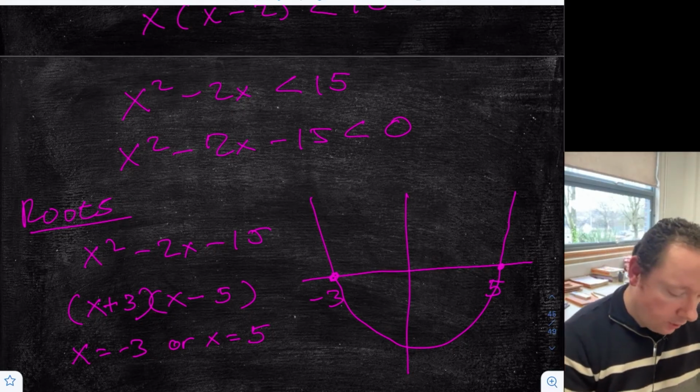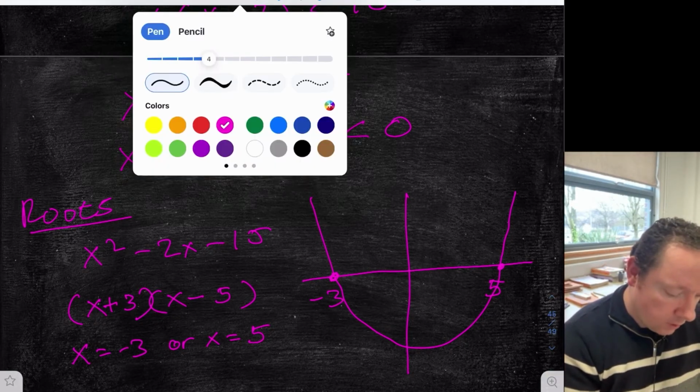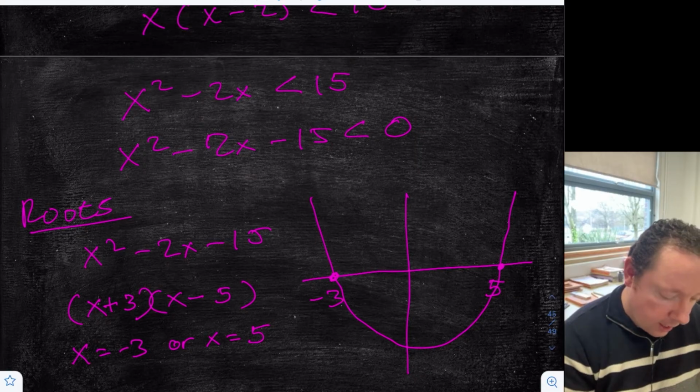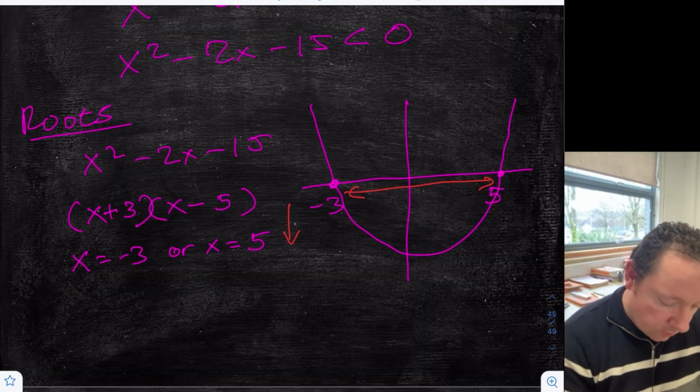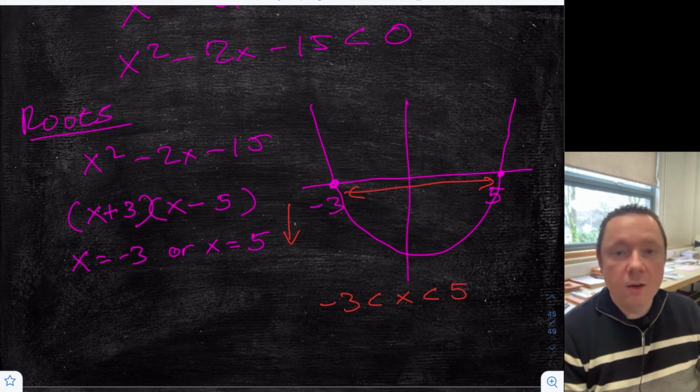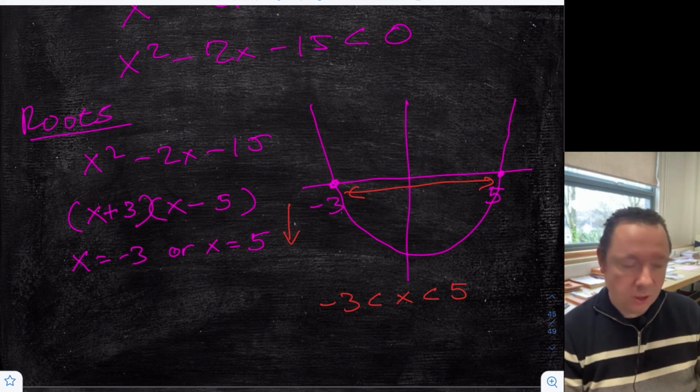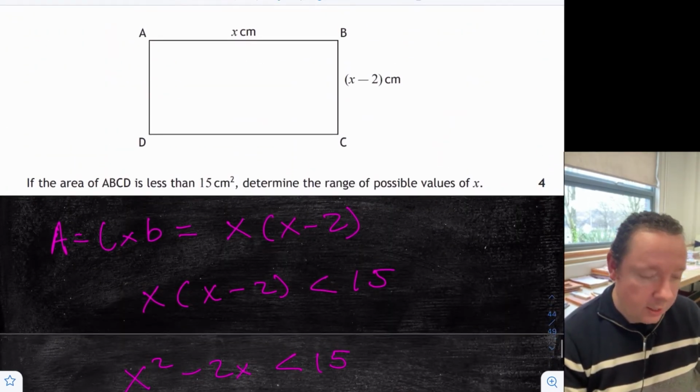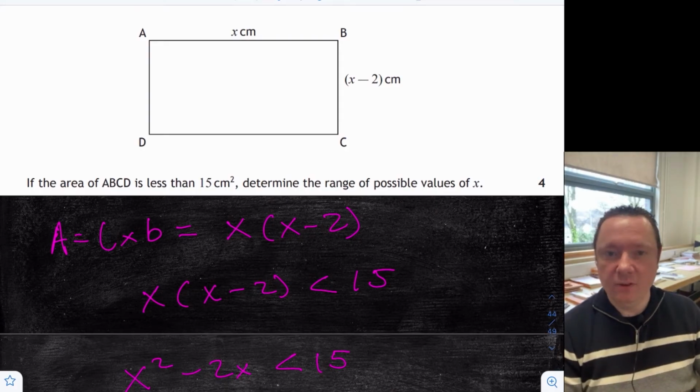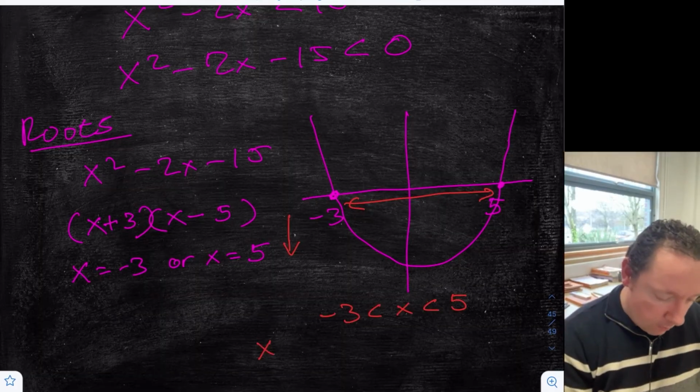Now we're looking to see where it's less than 0. Well, it's less than 0 below the x-axis, so that is in between these two numbers. Minus 3 is less than x is less than 5. But we need to be careful with this question because it is about the area of a rectangle, so we can't have a negative length.